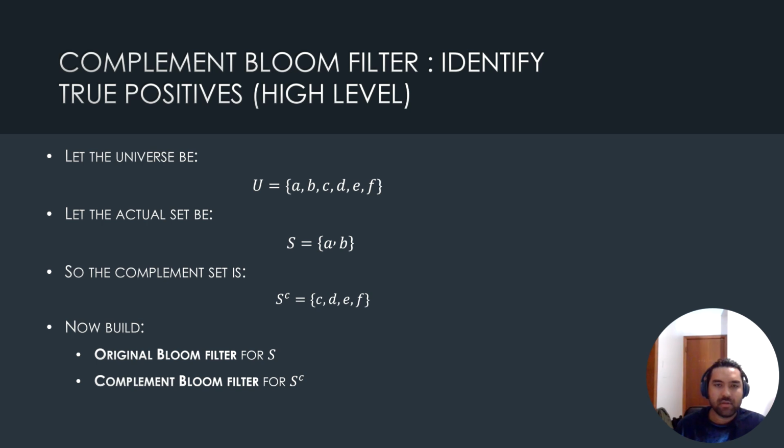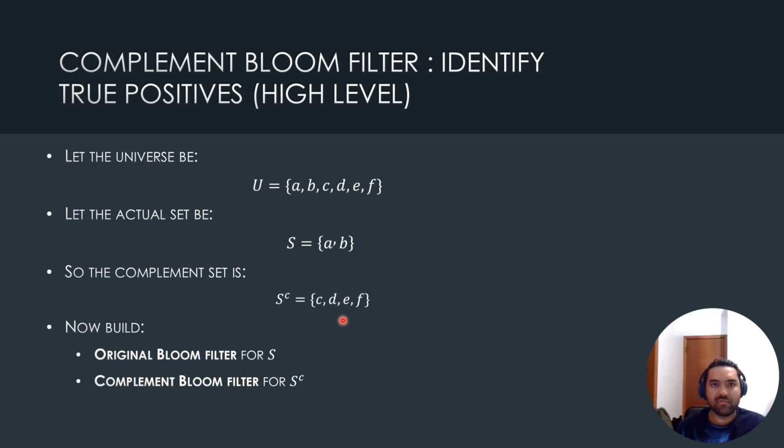Next is the complement Bloom filter. The idea here is to use two Bloom filters instead of just one. The first Bloom filter is built for the actual set S, and the second Bloom filter is built for the complement set, meaning all the elements not in S. Now consider a query. If the original Bloom filter says positive, but the complement Bloom filter says negative, then we can conclude that the element must truly belong to the original set.